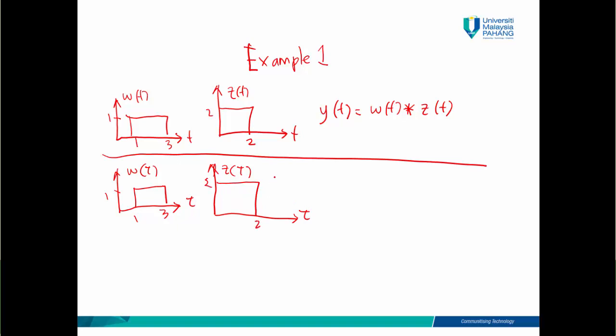Then remember our steps for convolution. We need to fold the signal. For this example, let's say I choose z to be manipulated. So I will fold the z signal and then shift the signal.